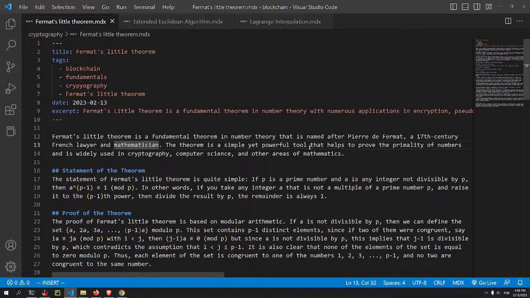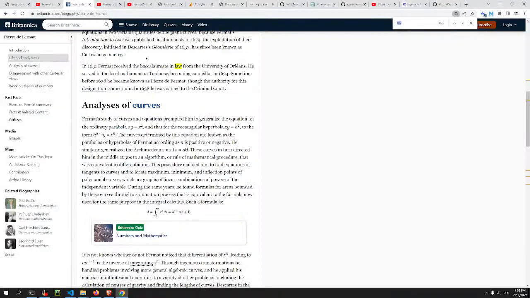The theorem is a simple yet powerful tool that helps to prove the primality of numbers and is widely used in cryptography, computer science, and other areas.